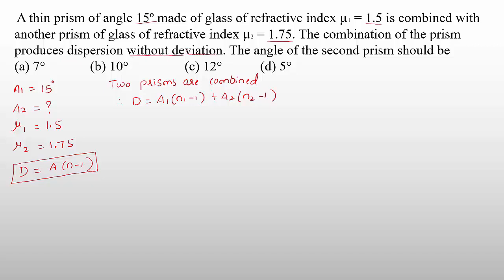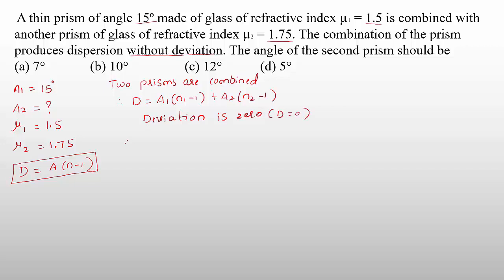Without deviation means angle of deviation D is equal to 0 because there is no deviation. So after dispersion of light, the ray of light is undeviated. So therefore deviation is 0. This is according to the problem. Deviation is 0. That is D equal to 0.